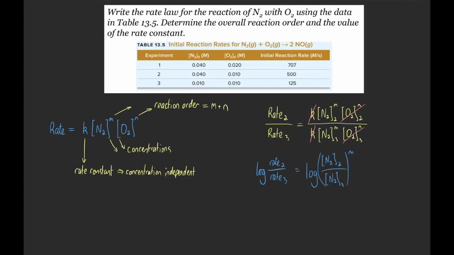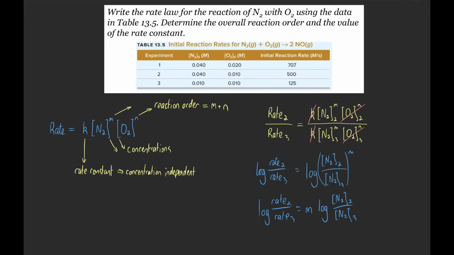So by using the laws of logarithms, we can rearrange this expression to be equal to M multiplied by the log of N2 in experiment 2 divided by N2 in experiment 3. And this is still equal to the log of rate 2 divided by rate 3.